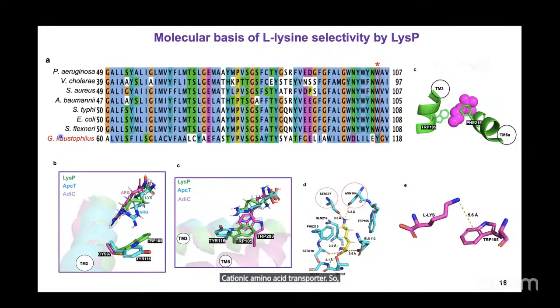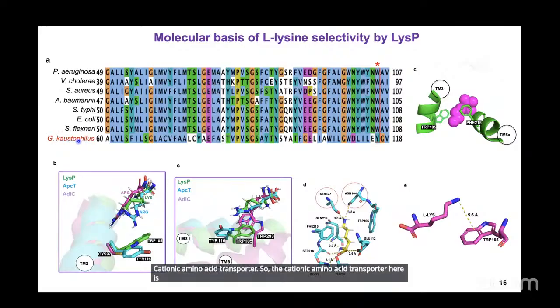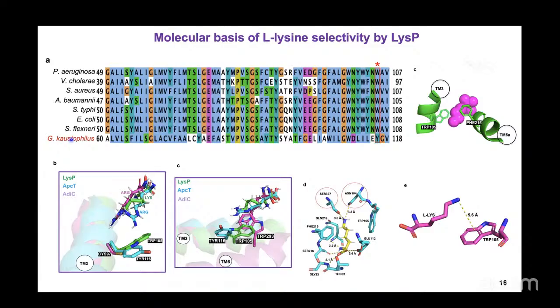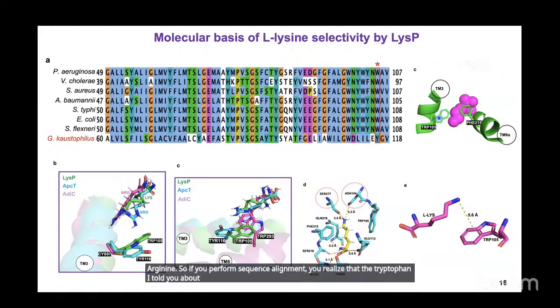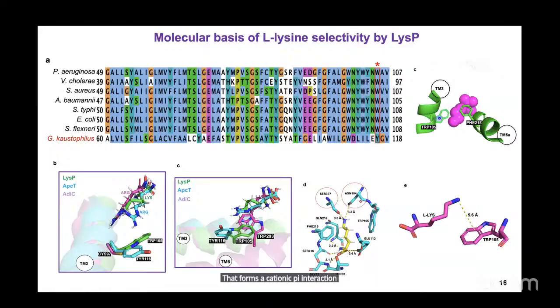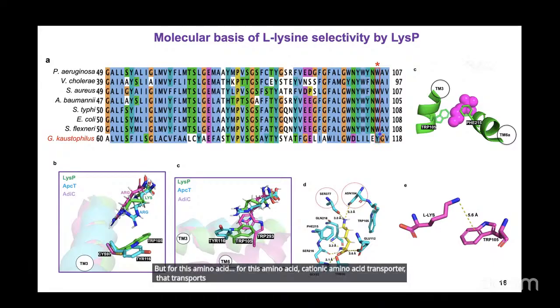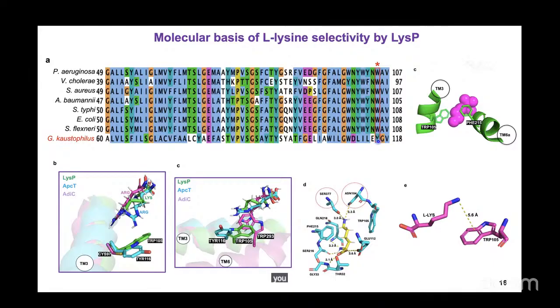The cationic amino acid transporter here is from a bacteria, this one in red, and the structure has been solved with arginine. If you perform sequence alignment, you realize that the tryptophan I told you about, that forms a cation-pi interaction with the amine group of lysine, is highly conserved. But for this cationic amino acid transporter that transports arginine, you have a tyrosine instead of a tryptophan.